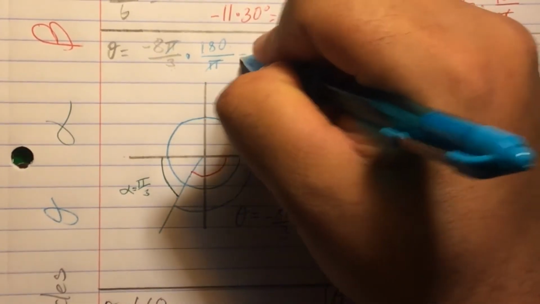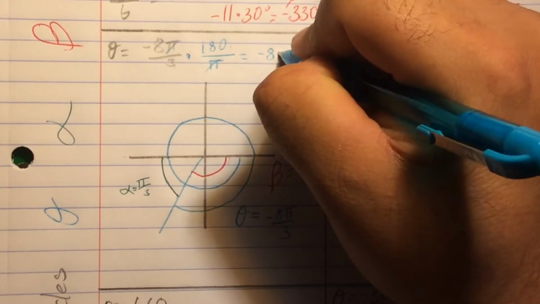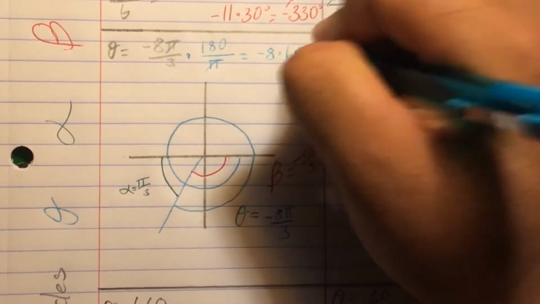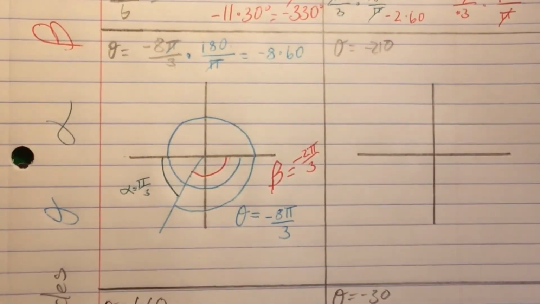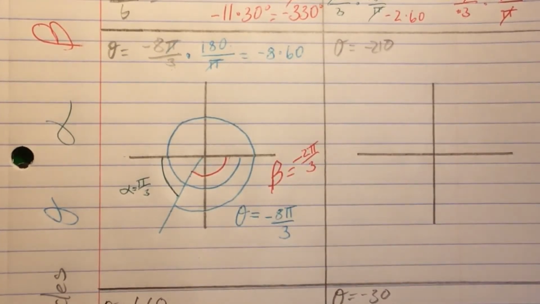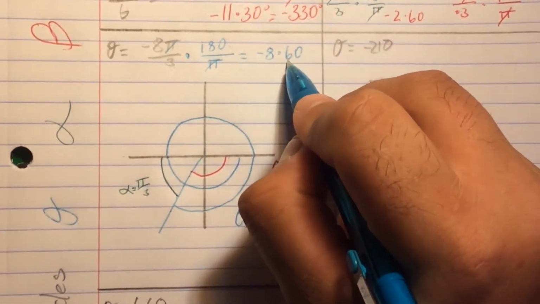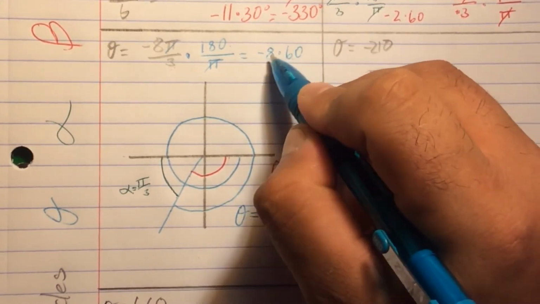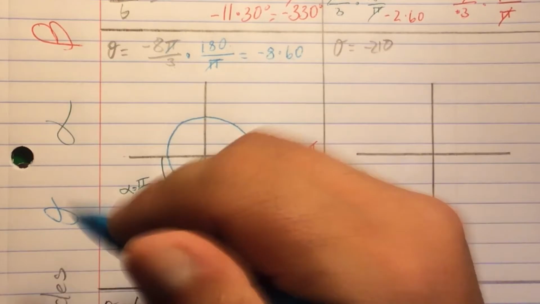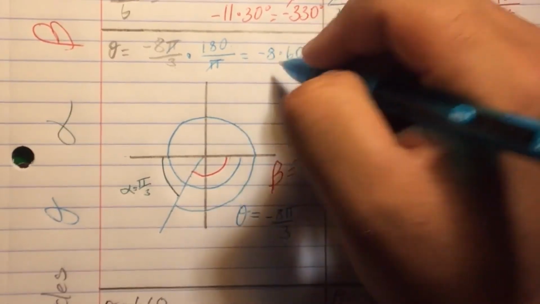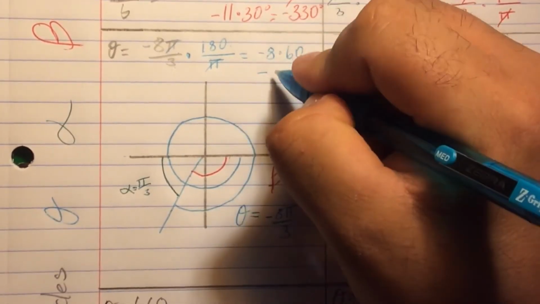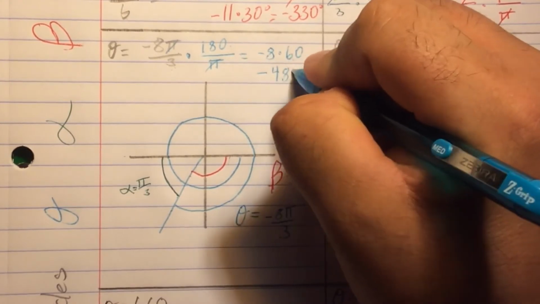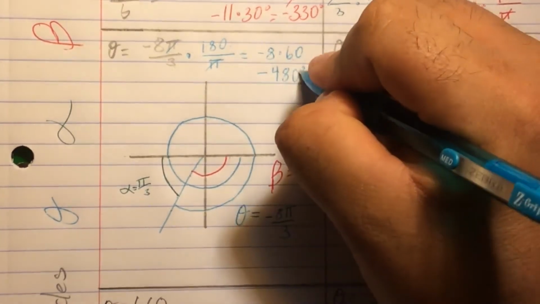So this is going to be negative 8 times 60. We know that 8 times 6 is 48, because 8 times 5 is 40, plus another 8, the 6th 8, would be 48, and this is negative. So this is going to be negative 480 degrees.